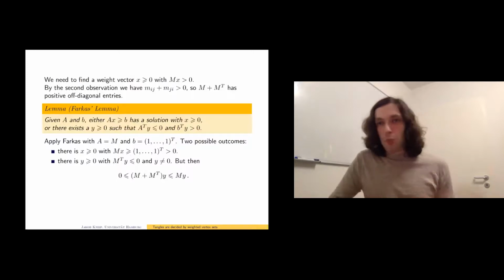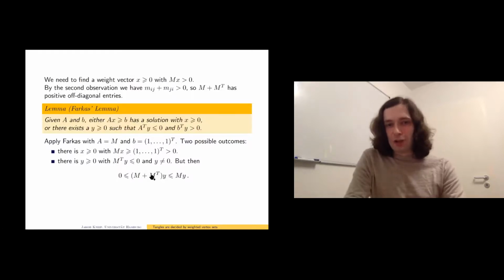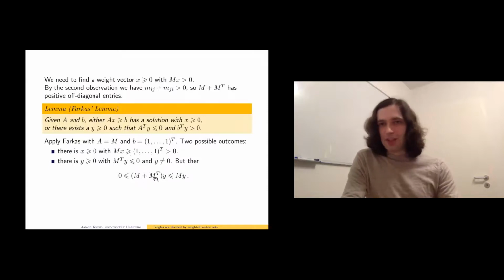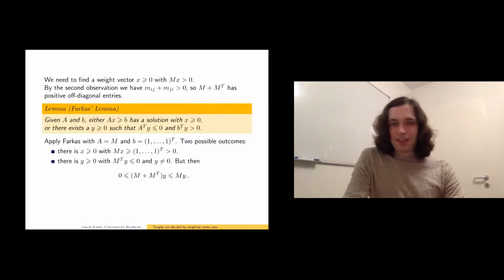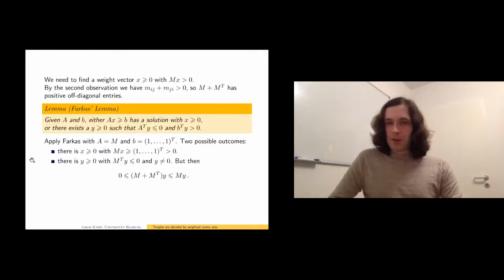So this is not positive everywhere, but if you then again look closely at the makeup of this matrix and see that this actually has positive entries everywhere but on the diagonal, you very easily find that this vector Y indeed makes this product positive everywhere. So due to our second observation, which we used to know that M plus M transpose is positive, we find that with the Farkas lemma, both possible outcomes of the Farkas lemma give us the weight vector that we want.